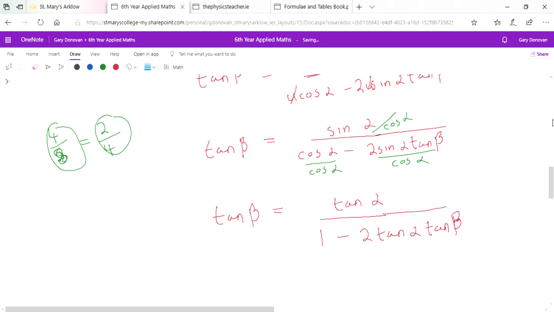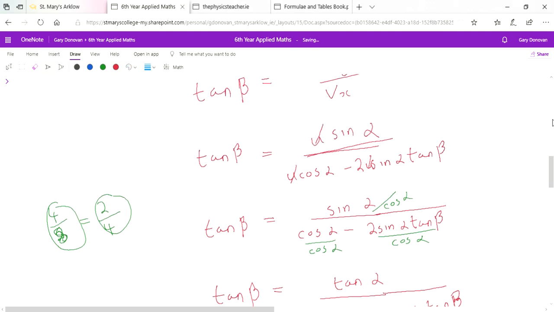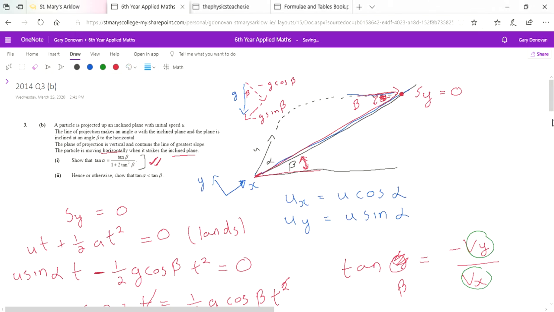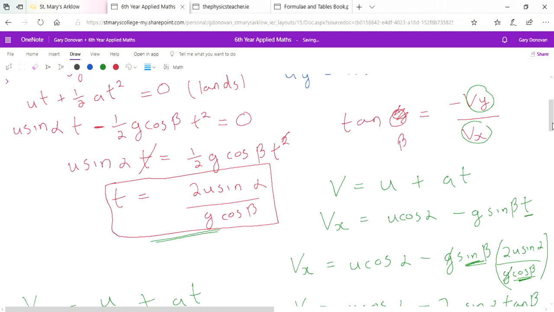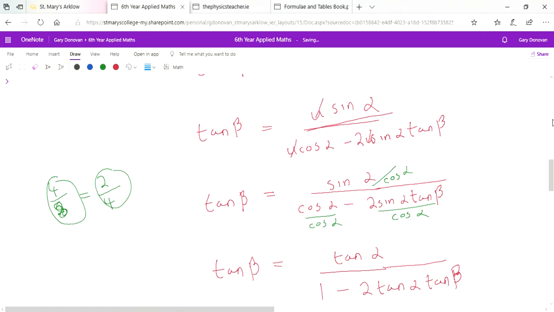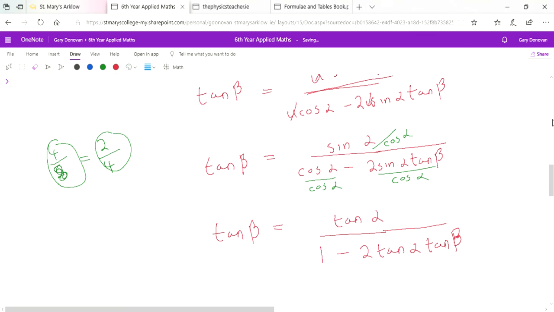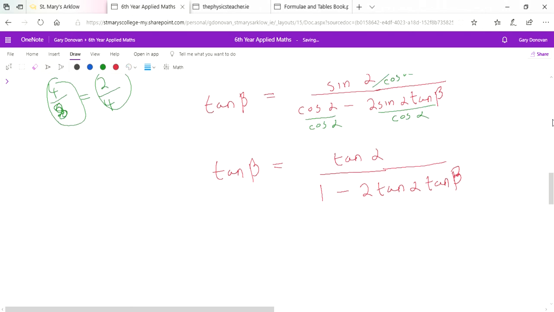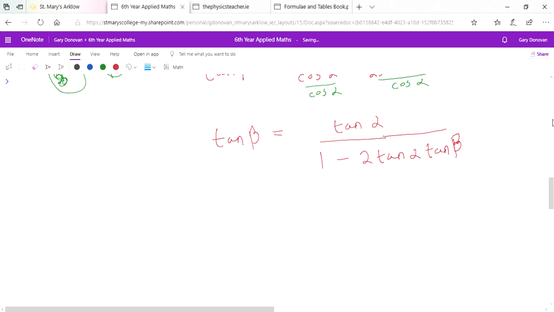There's no straight answer for that, but when you look back at the question, they want an expression that has all tans in it, tan beta, tan alpha. So when you get to this stage and you don't have tans in it, you need to either go to your formula book and see if you can change this to tan components, or look and see if there is anything else you can do. Now it's just a matter of rearranging this to get the equation that they asked for.